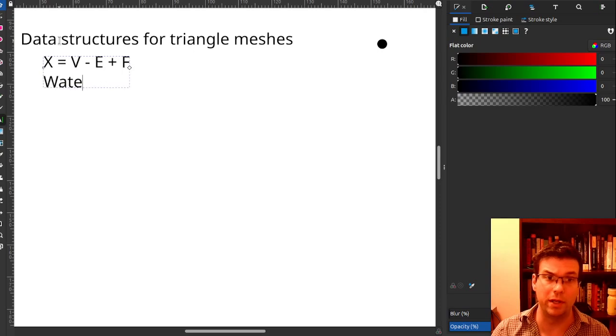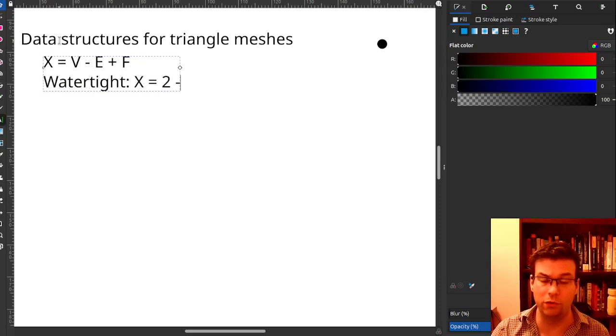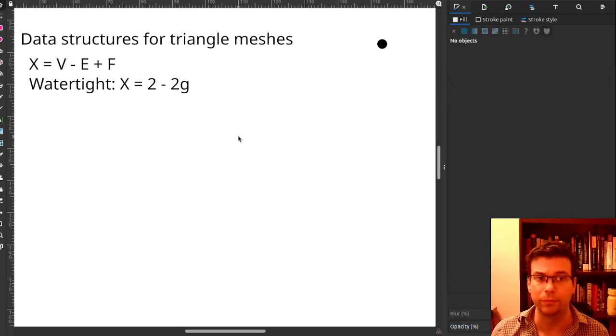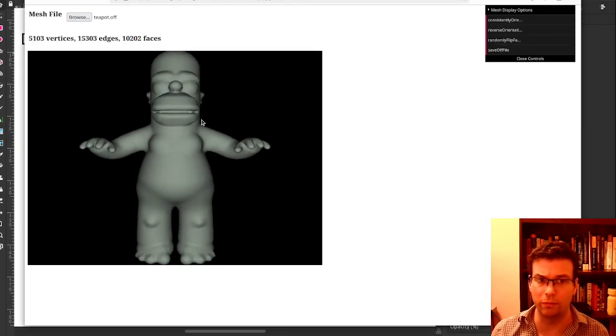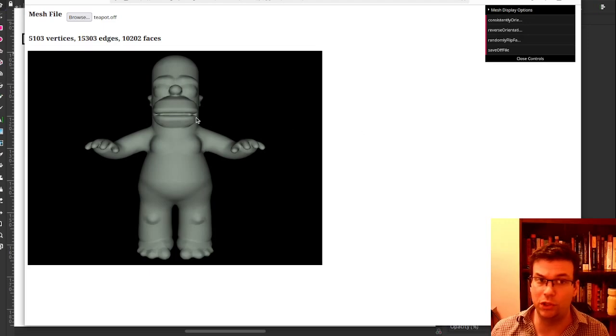If we're in a watertight mesh, we have an interpretation of chi as 2 minus 2 times the genus, where the genus is the number of handles or piercings that you have in the watertight mesh. So, for example, Homer doesn't have any handles that I can grab and form a loop through, so we would say he has a genus of 0.